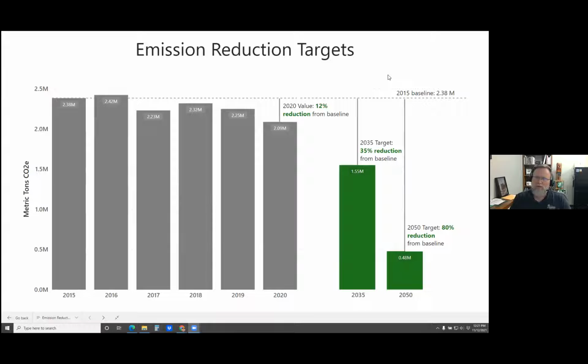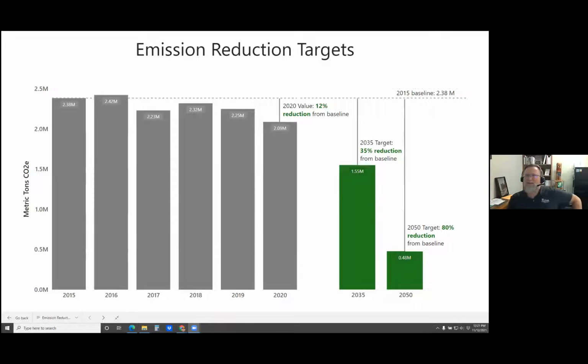That put us in the frame of mind that to do the right thing, so to speak, we needed to reduce our emissions by 35% from our 2015 baseline by the year 2035, as indicated here, and then by 80% from our 2015 baseline by 2050.